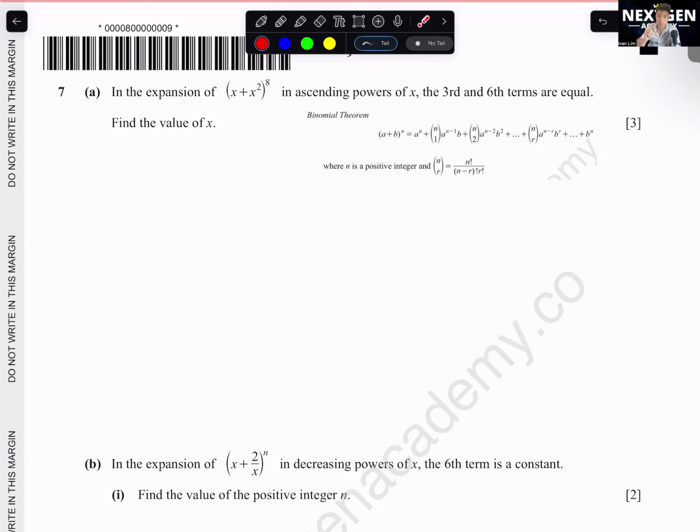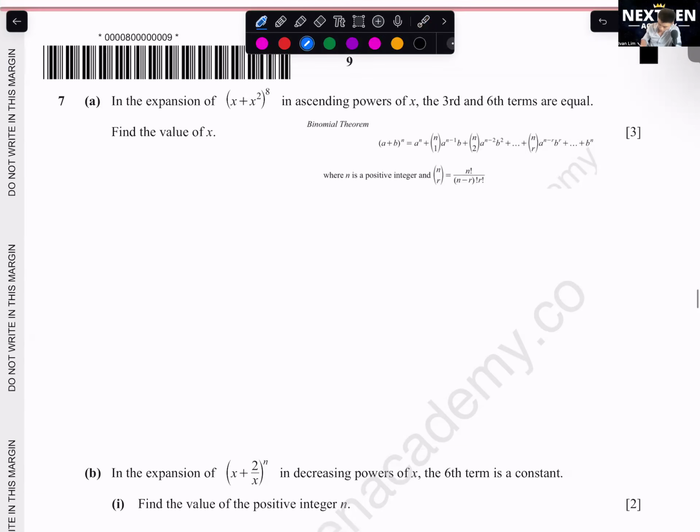Because the first term starts with 8C0. Maybe you want to make a remark there. If we expand it, this is how it will be: (x plus x squared) to the power of 8. The first one will be x to the power of 8.